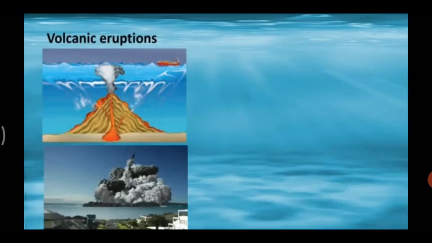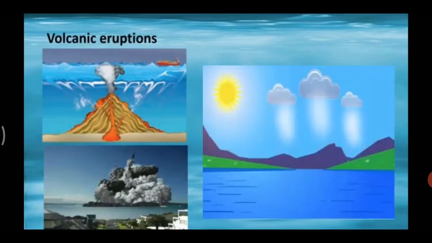The chlorine dissolves into the ocean and then combines with the sodium to get sodium chloride, which is nothing but table salt, the salt that we use for our consumption. Okay. Then the next is evaporation of water. Now, due to the continuous evaporation of oceanic waters, the proportion of salt increases.